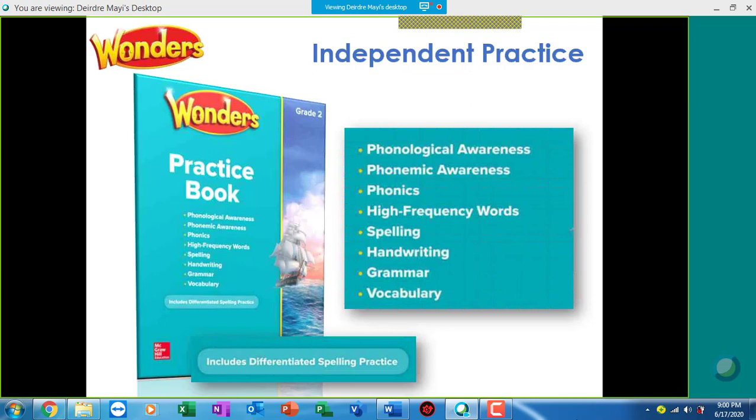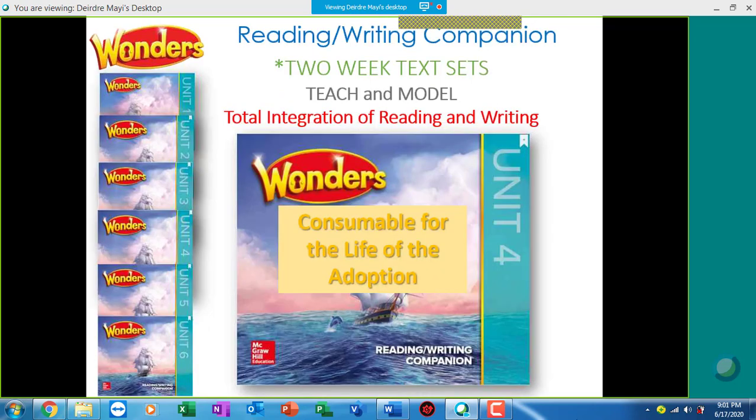So I want to turn the focus away from foundational skills, but remember, we're still in the instructional walkthrough, if you will. After students have learned foundational skills, the next part of the lesson involves them using the reading writing companion. So let me talk to you about what the Reading Writing Companion is.